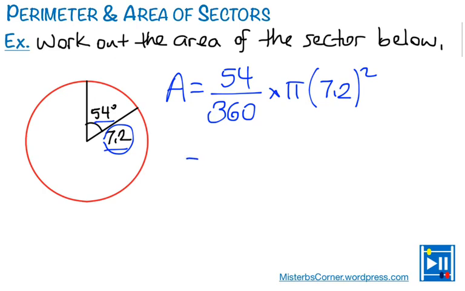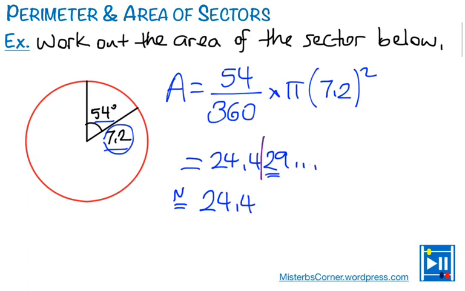And if I calculate this, I end up with 24.429 and so on. And if I want to round this to 3 significant figures, then I cut from here and get an approximate value of 24.4. Because this is 2, I can just scrap this bit. So this is 24.4 centimeters squared.